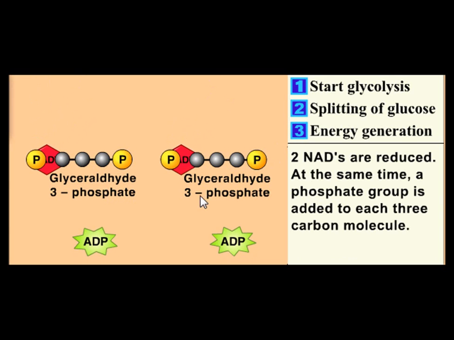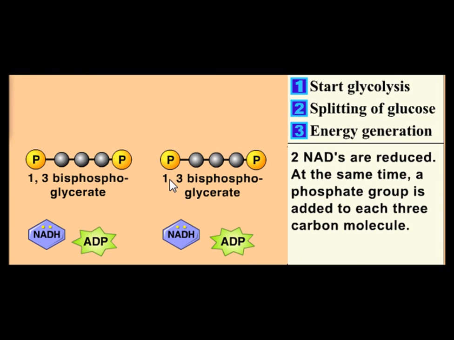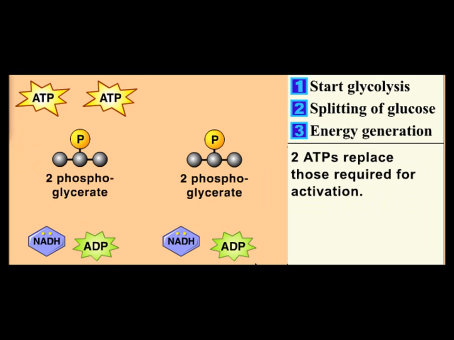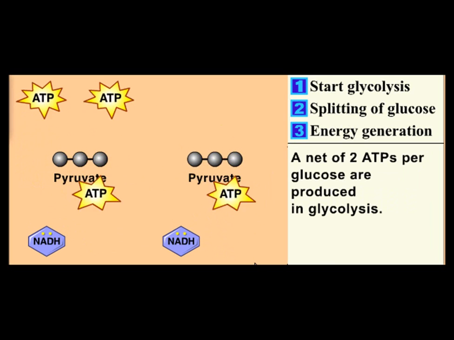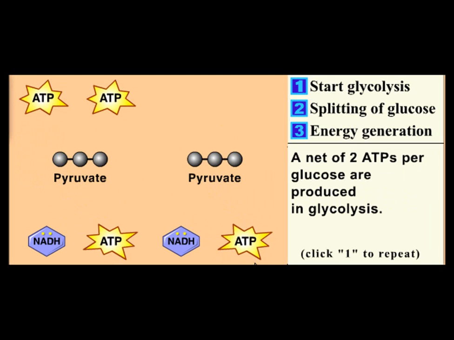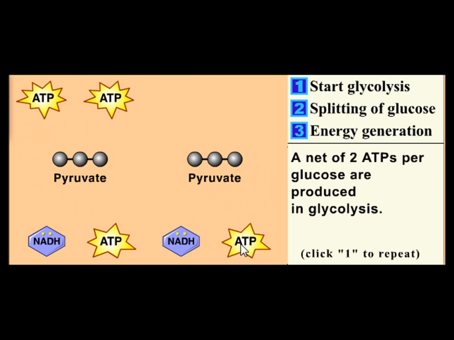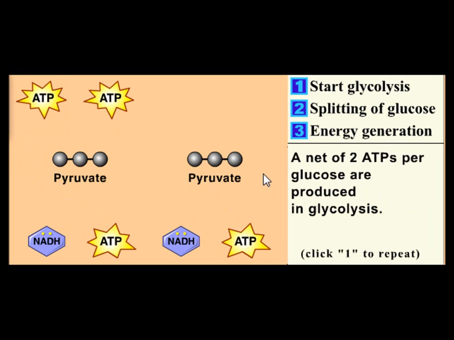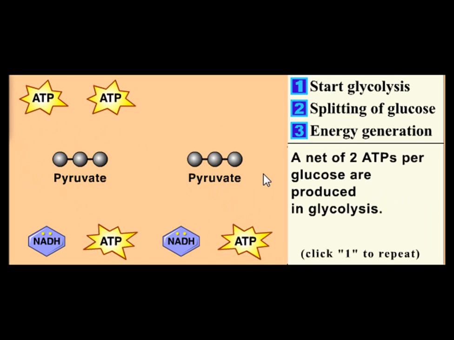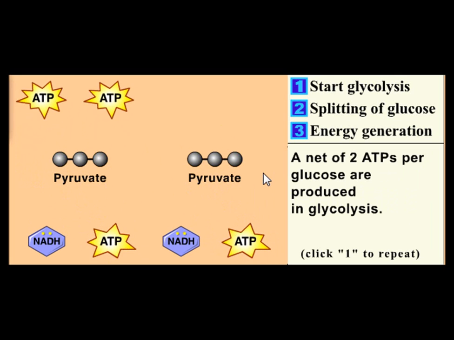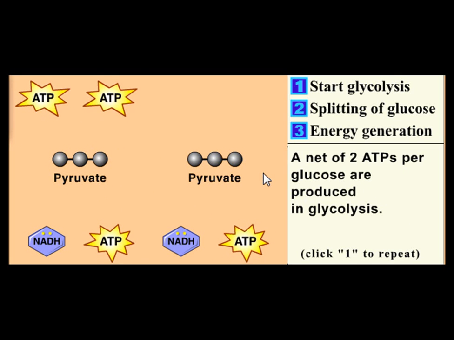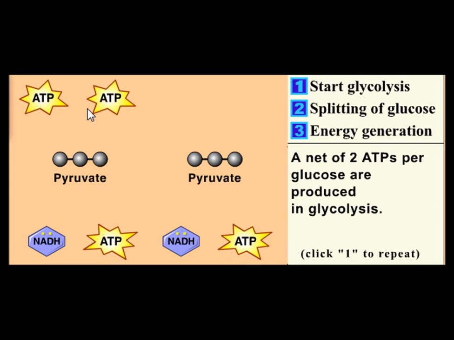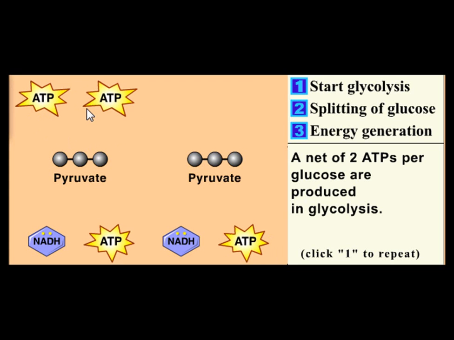First, we reduce NADH and attach an inorganic phosphate. Then ADP is phosphorylated to form ATP. These 4 ATPs that are produced are formed through substrate level phosphorylation. We have a net gain of only 2 ATPs because we needed 2 ATPs to start the entire reaction.